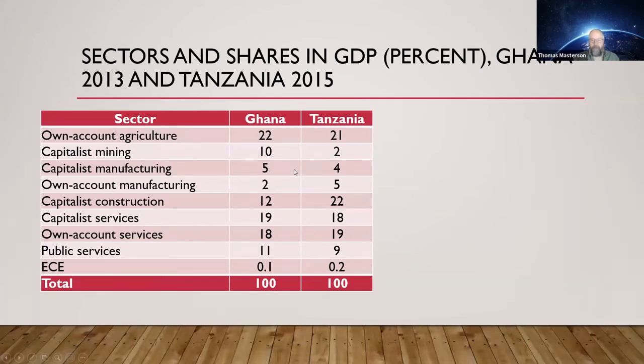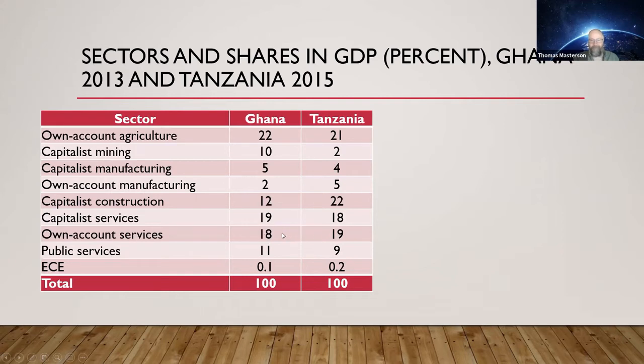There's capitalist manufacturing, which is 5 and 4%. Own account manufacturing is 2 and 5%. Construction is a much larger share, 12% in Ghana, 22% in Tanzania. Services are the second highest share in both countries, 19 and 18%.